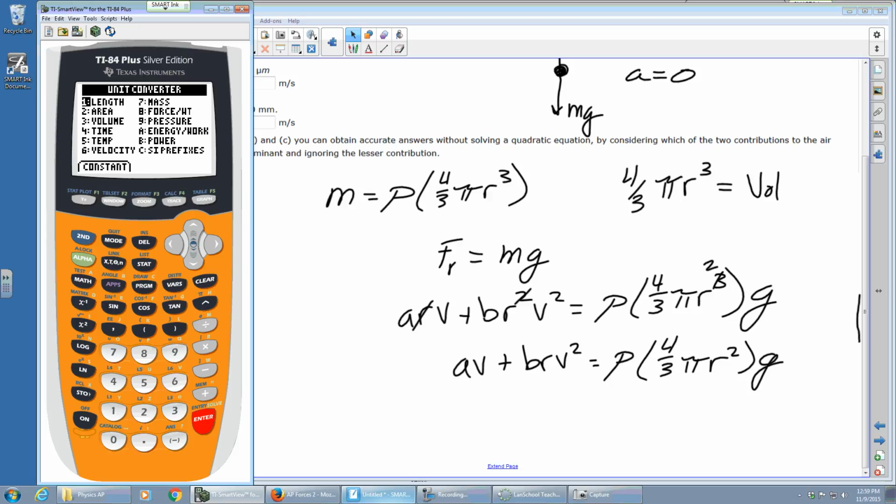And here you have, let's see. Maybe density isn't in here. Yeah, I'm not seeing density.